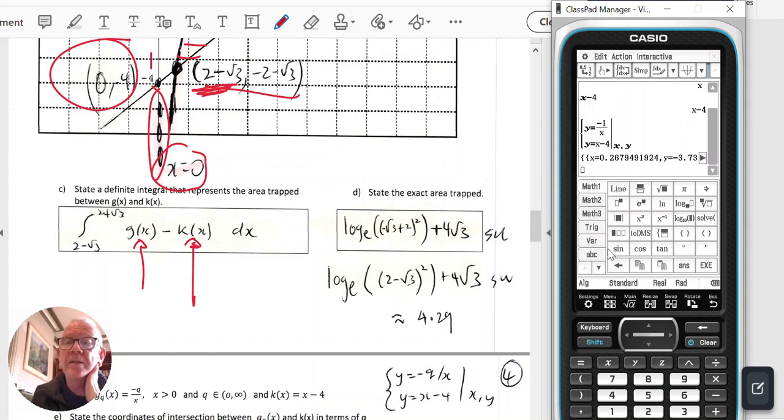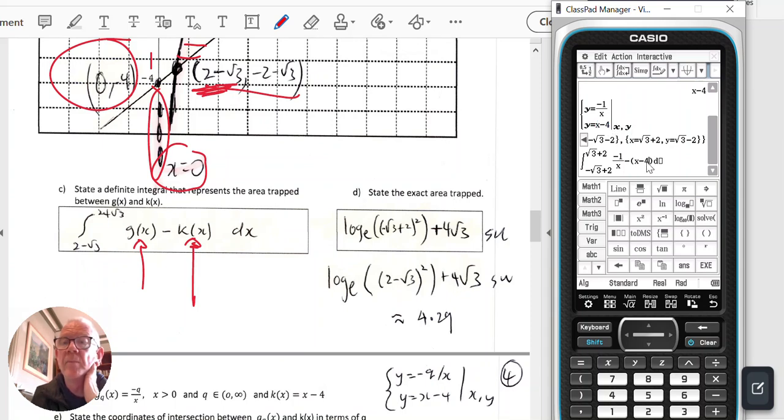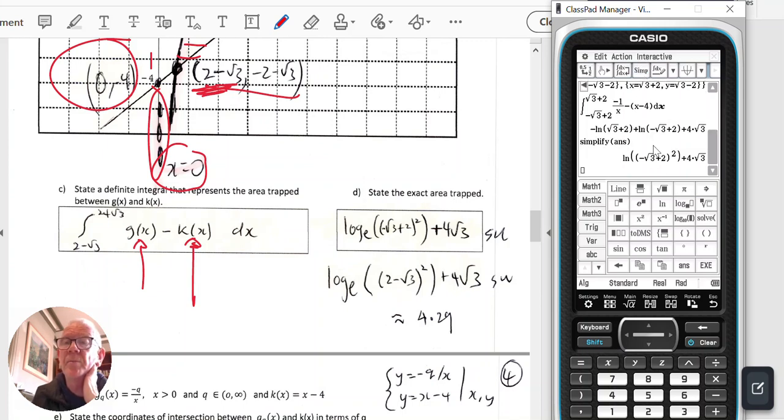And then on a calculator, that's going to look like we are going from 2 minus root 3 to 2 plus root 3 of the top curve, which is our hyperbola, minus, I'm going to open up a bracket because that negative has to attach to everything inside the bracket, and that's to do with dx. And I end up with that, which is a bit awful, so simplify, and that's a much nicer answer. Okay, so that's the first part.